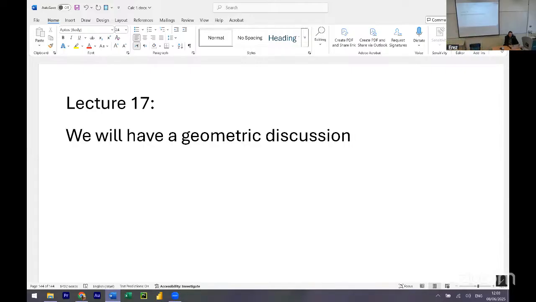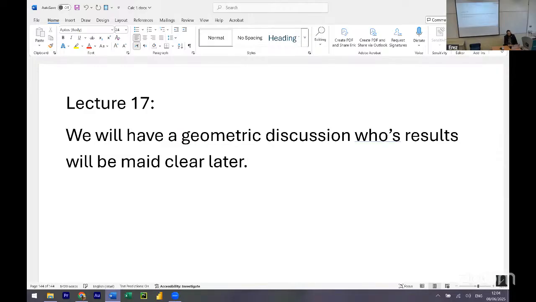We will have a geometric discussion whose results will be made clear later. What I'm trying to say is usually we present a claim and then we prove it.